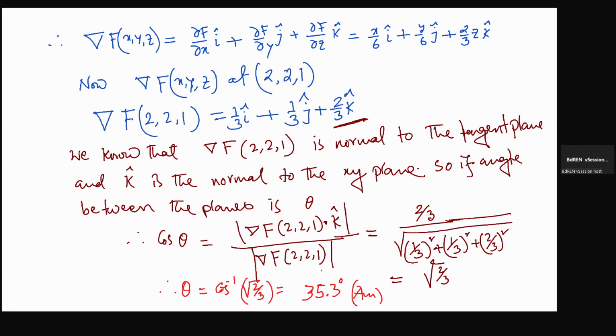If the function is differentiable and gradients are non-zero, then the gradient of a function of two variables is representing the normal to the level curve.